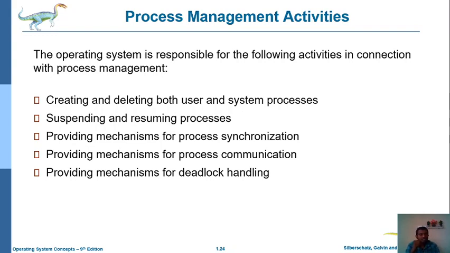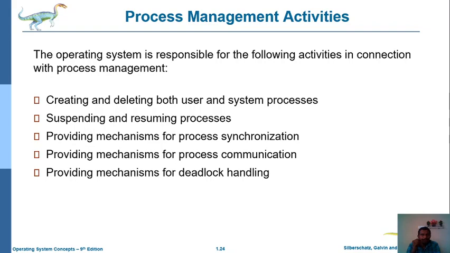And suspending means, for example, currently the CPU is running some process p1. To complete that particular process it requires some resources. Just assume some of the resources are not available for completing process one. At that time the operating system is responsible for temporarily suspending that currently executing process.